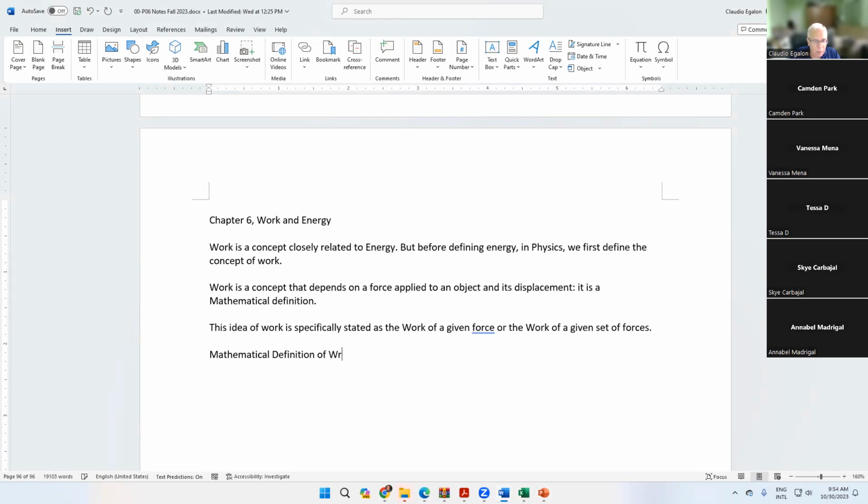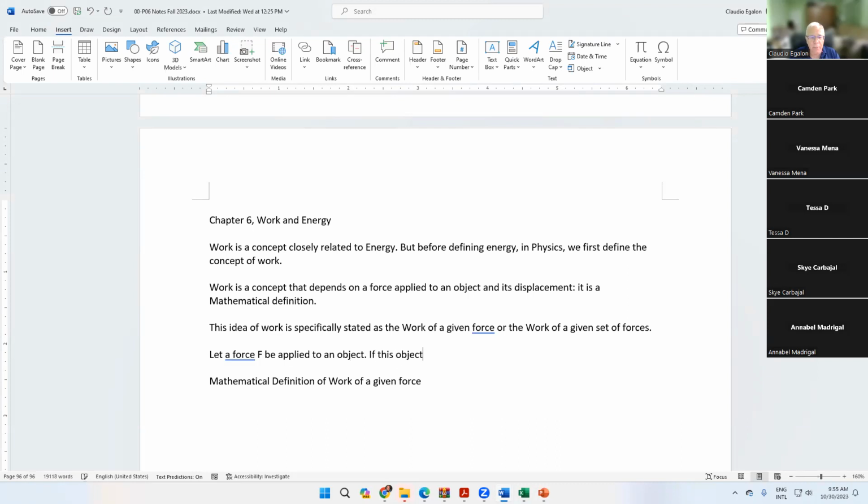Definition of work, work of a given force. Let a force F be applied to an object.